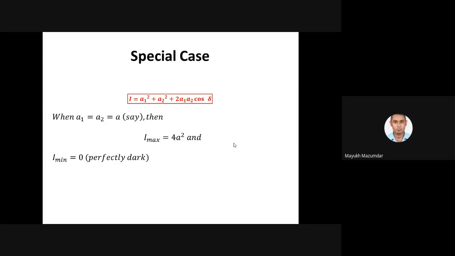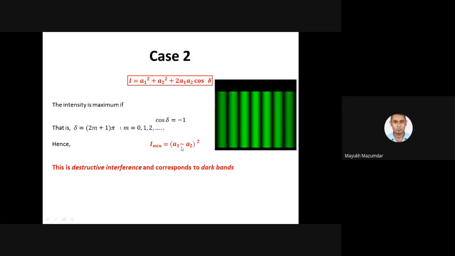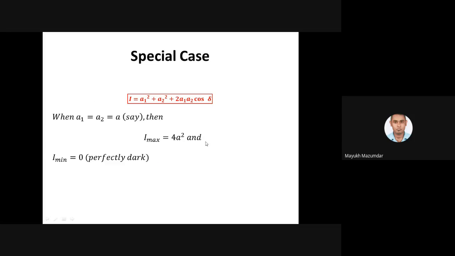Now there is a special case. If I want to get rid of this confusion, I'm very sure that both the light sources have the same amplitude. Suppose I have A1 and A2 same, let me call that A. Suppose I'm using a light source which has been bifurcated into two sources, and the two sources have the same amplitude.